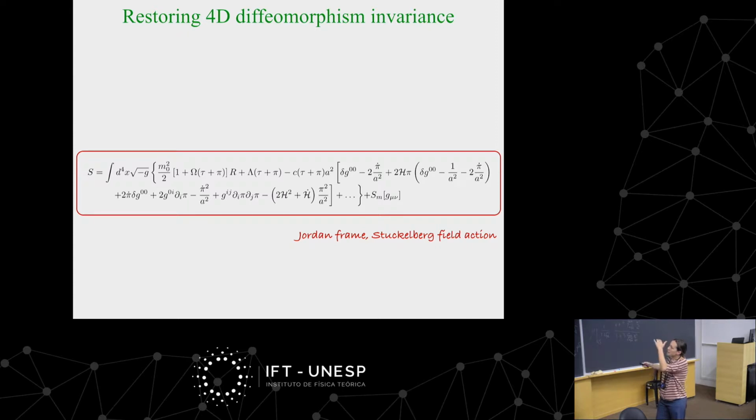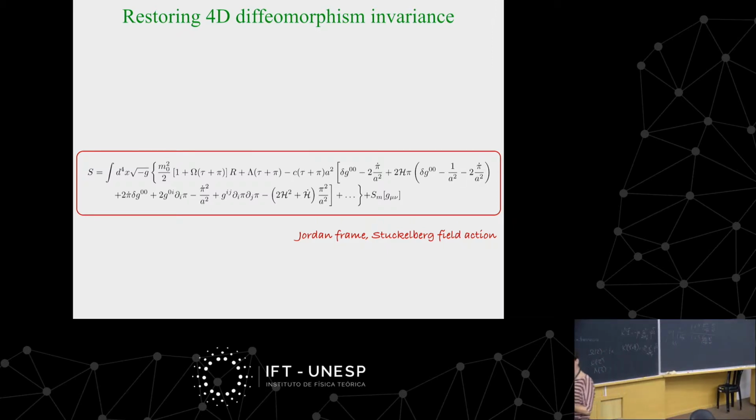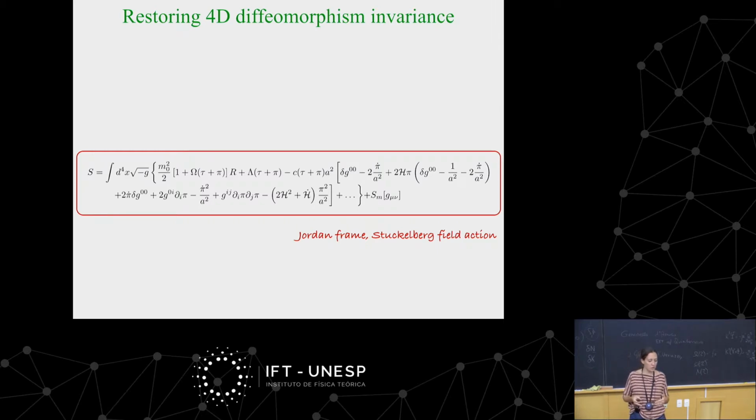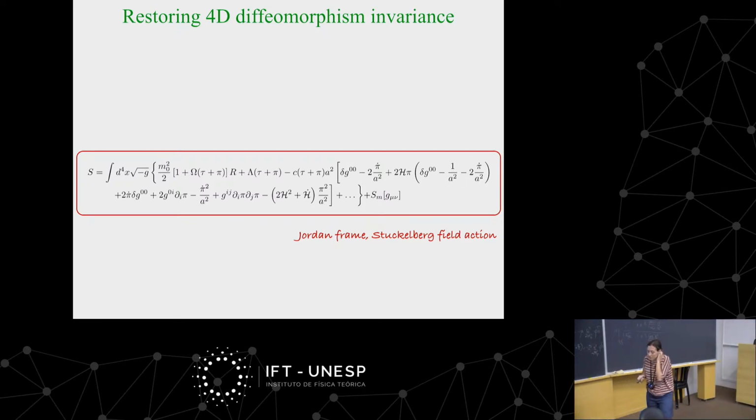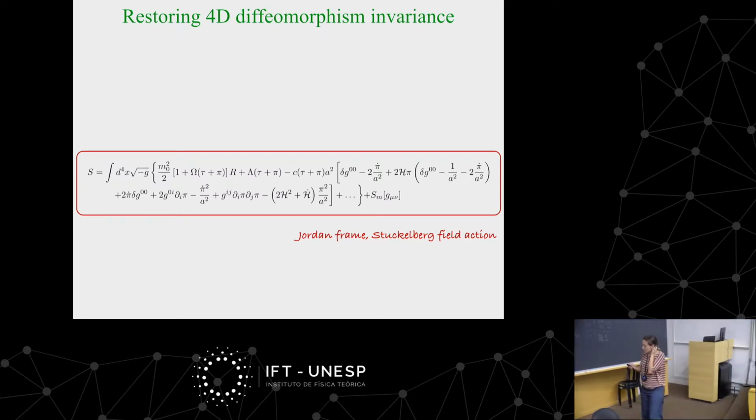So expand this for all the other operators, and you have your action. You have gone out of unitary gauge, and now you can specialize to another gauge, such as Newtonian, for instance, to study perturbations. And more generally, you will study also tensor modes, right?